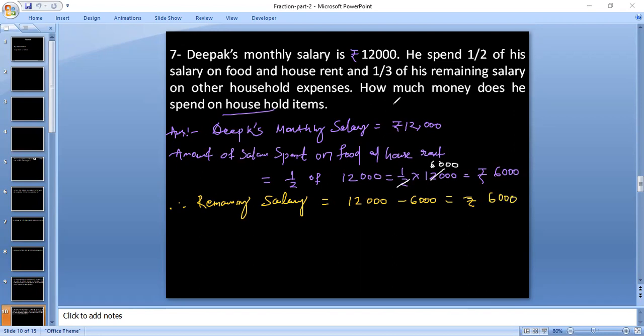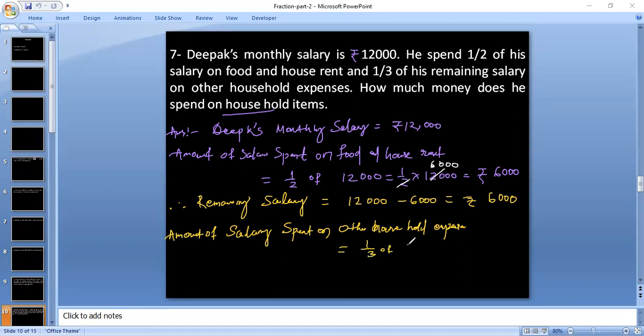And 1/3 of his remaining salary, the amount of salary spent on other household expenses is equal to 1/3 of the remaining salary, that means 6,000 rupees.